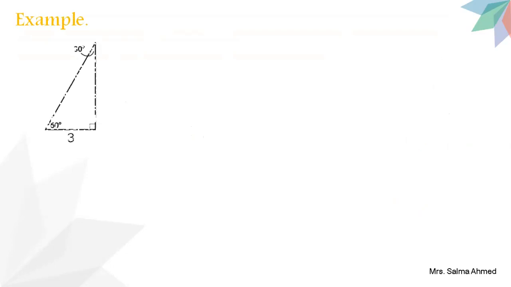Example 1. If I have this 30-60-90 triangle, and the shortest leg is 3, I can find the hypotenuse directly by doubling the number. It will be 3 times 2, which gives me 6. The leg in front of 60 will be x root 3, so I take 3 and multiply it by root 3.